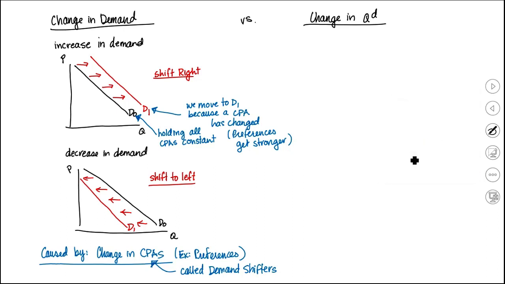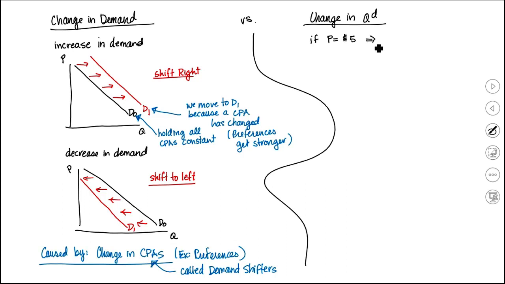Now let's make sure we understand the difference between a change in demand versus a change in quantity demanded. A change in quantity demanded is something like this. Before we said if price equals 5, then quantity demanded is 200.